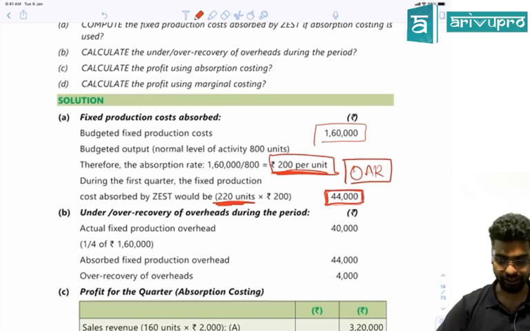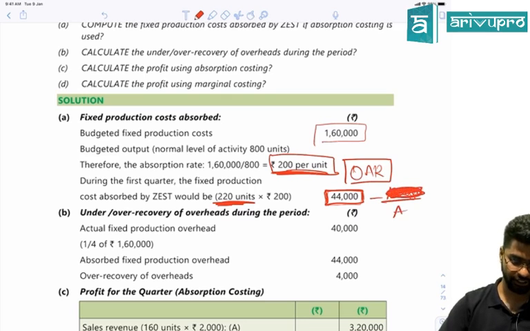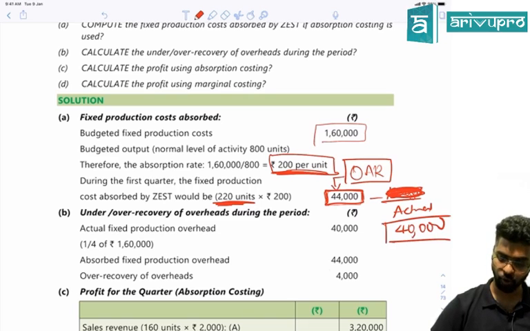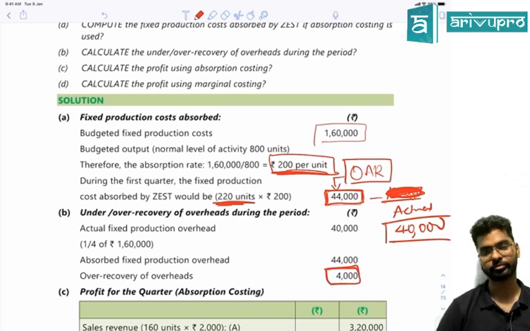And your budget and actual being the same, my actual is 40,000. So my overheads recovered is 44,000. My actuals is 40,000. So have you under recovered or over recovered? Over recovered 4,000.